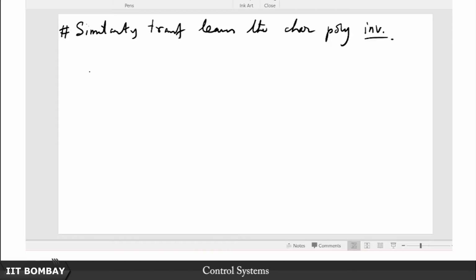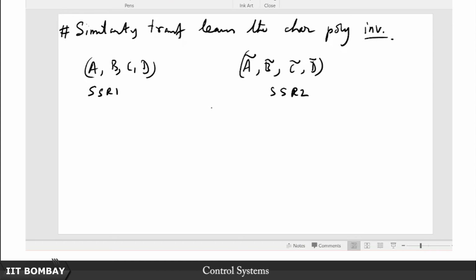Mathematically speaking, suppose you have A, B, C, D and A tilde, B tilde, C tilde, D tilde for two different systems. This is SSR 1 and this is SSR 2, state space representation 1 and state space representation 2.